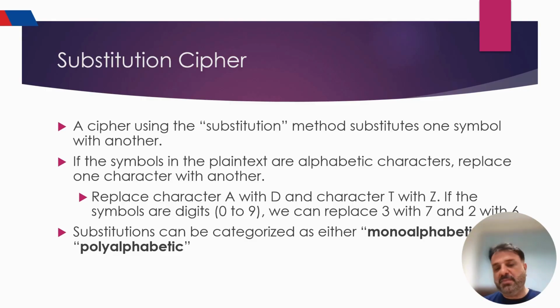If the symbols in the plaintext are alphabetic characters, we replace one character with another, for example, replacing A with D or T with Z. And if the symbols are digits 0 to 9, we can replace 3 with 7 and 2 with 6. We categorize this kind of method as monoalphabetic, and then we also have the polyalphabetic method.